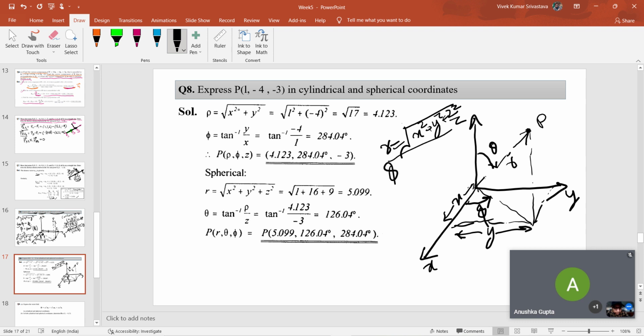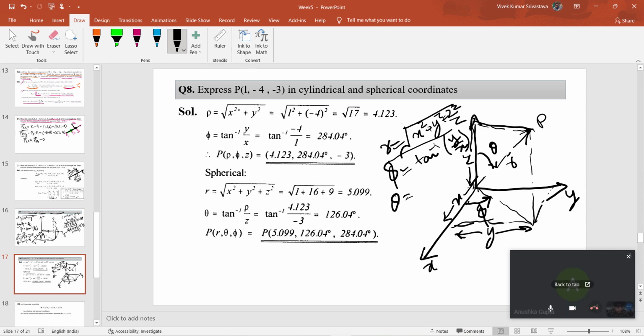So phi is represented as tan inverse y by x, and for finding out the value of theta, you have to take this z, and this is equal to rho, which is the square root of x square plus y square.